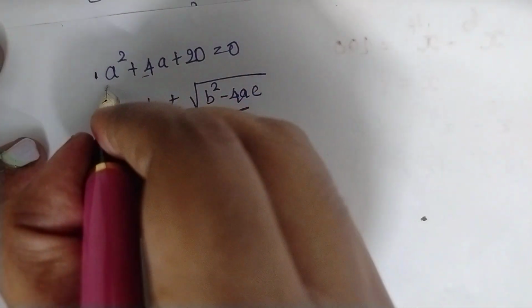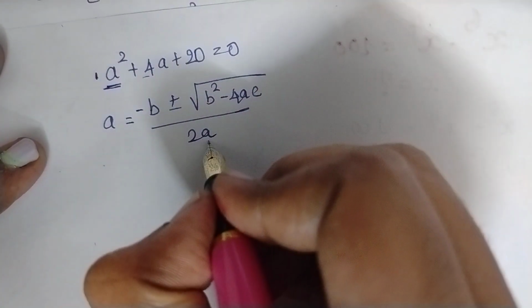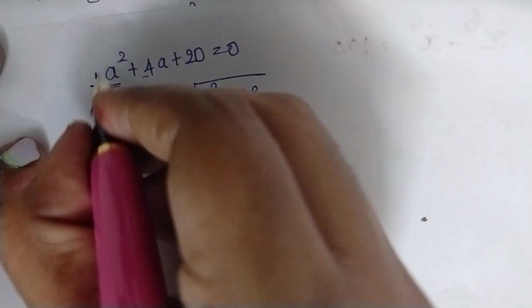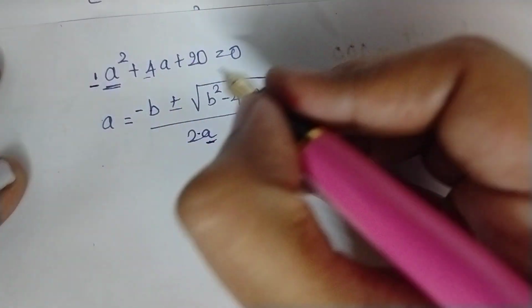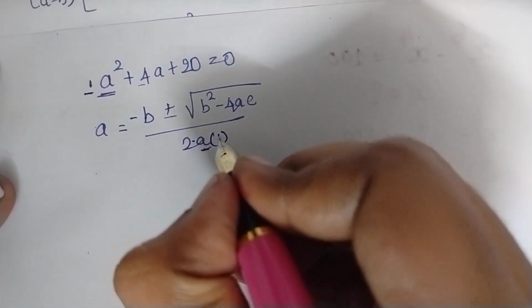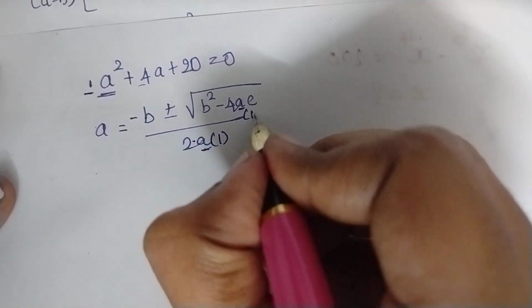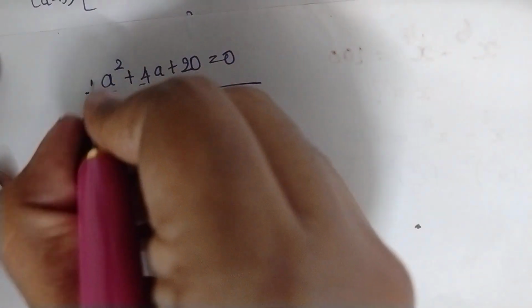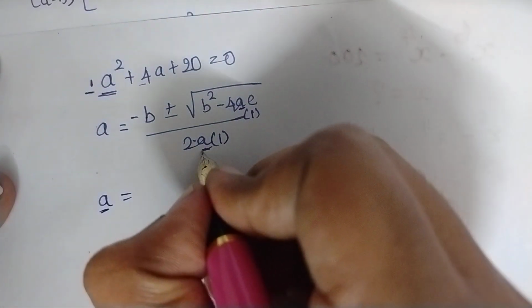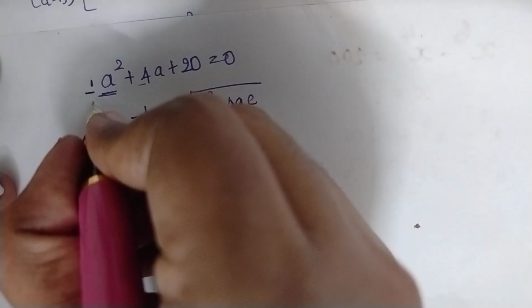Okay, here a is this variable, and here this a mentions the coefficient of the a variable. So both are different. Just apply: here a is equal to 1, so just replace that with 1. Here also a is equal to 1, just replace that with 1. This a is the variable, but this a indicates the coefficient of a square.